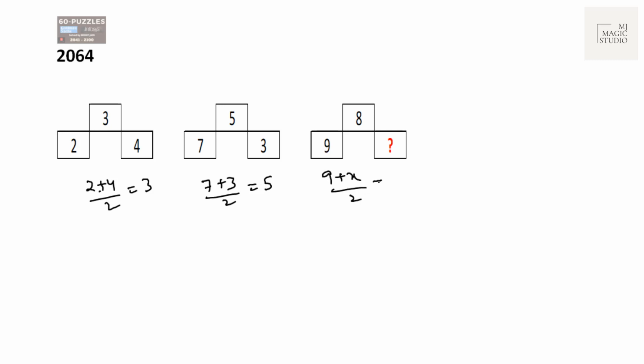That means 9 plus x by 2 should be 8, which is on the top. 9 plus x is 16. X should be equal to 16 minus 9, that is 7. Missing digit is 7 in this case, the average pattern they have followed.